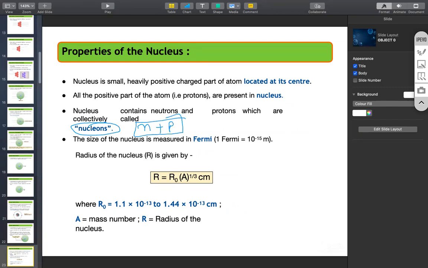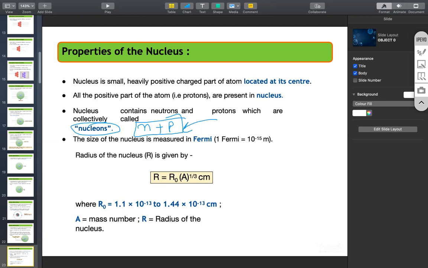Is the mass of an atom because of these two things? Yes. Mass of the atom.